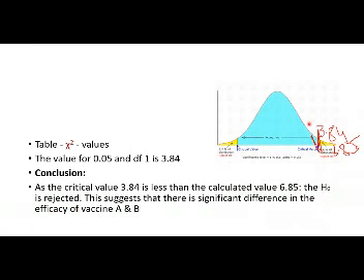We reject the null hypothesis. In the previous example, we were not able to reject the null hypothesis because our test statistic was falling somewhere here, which was 0.8 as compared to 3.84, while in this case the test statistic is 6.85 as compared to 3.84. This suggests that there is a significant difference in the efficacy of vaccine A and B.